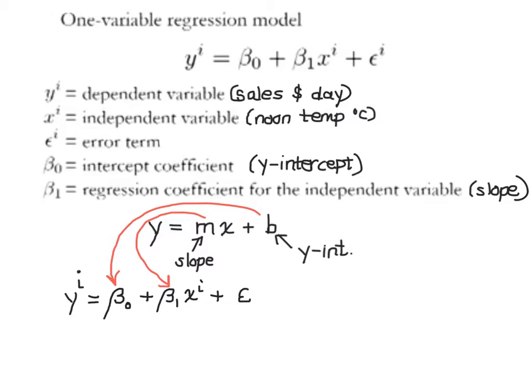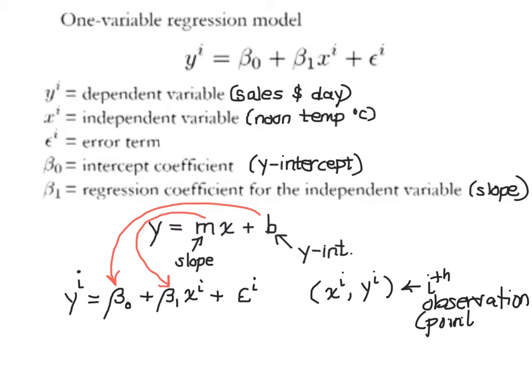epsilon i. And what this refers to is for any given data point, we have multiple data points, and they are xi and yi, and that represents the ith observation, which each observation yields a point in our scatter plot.